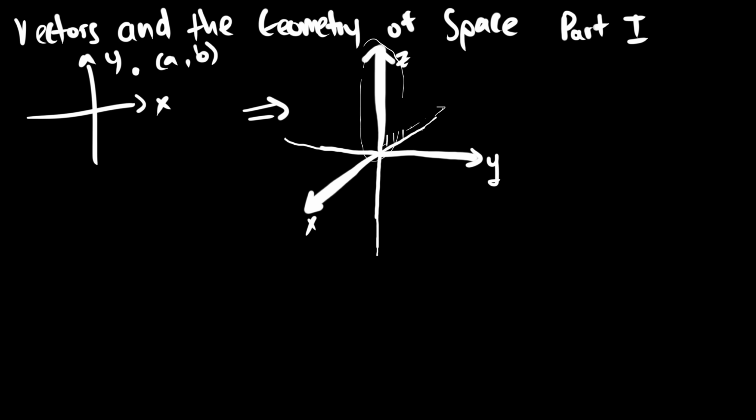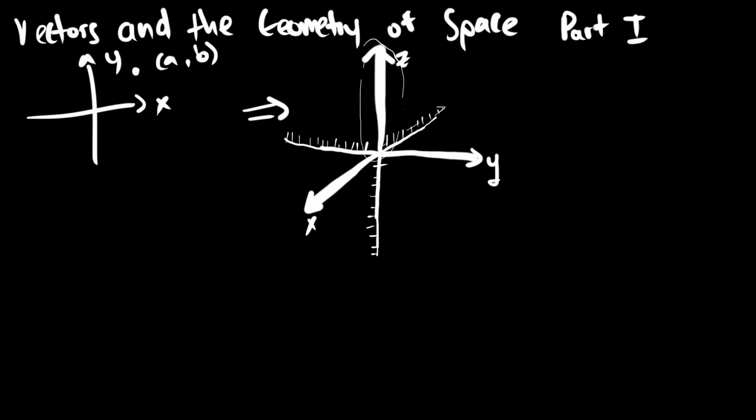So this is the negative end of the x-axis, this would be the negative end of the y-axis, and this would be the negative end of the z-axis. I try to draw it so you can understand that the thinner parts of my drawing represent the negative ends of the three axes.